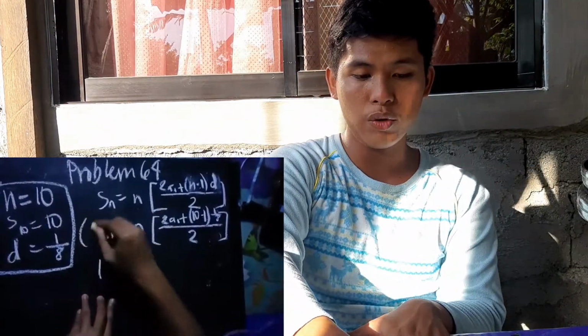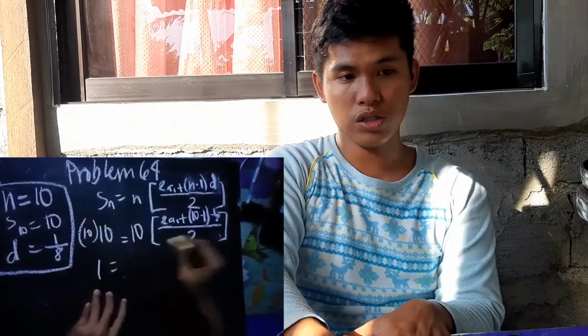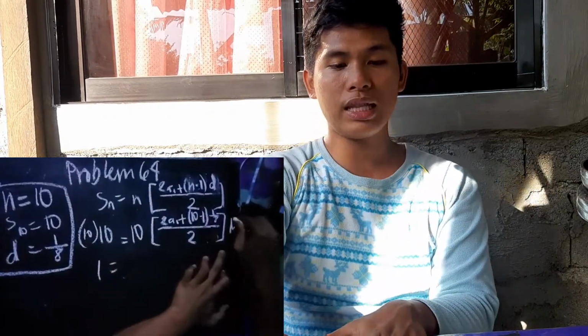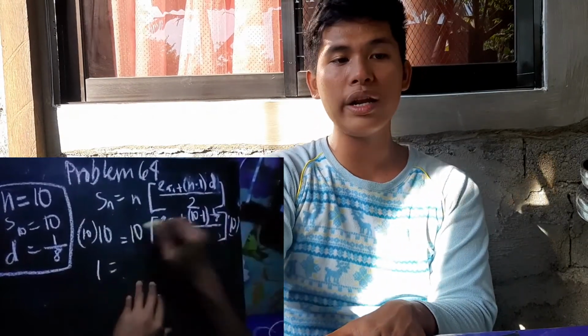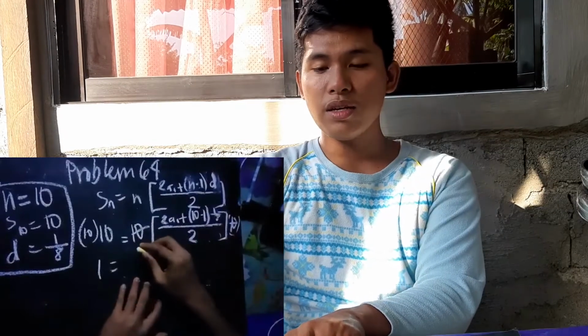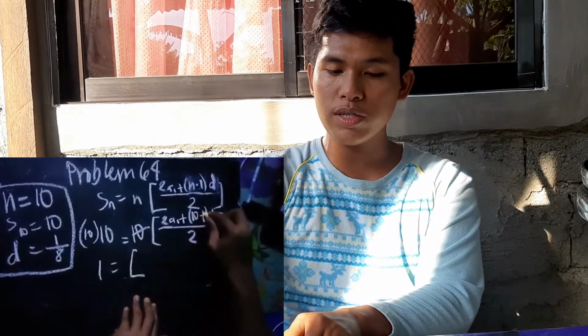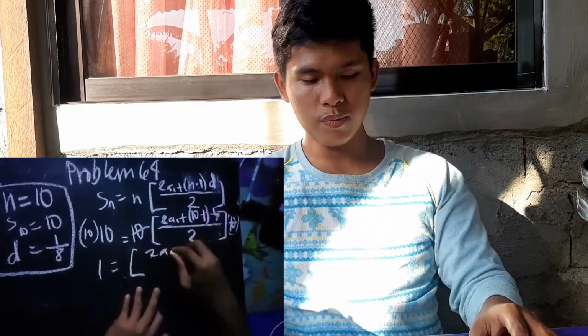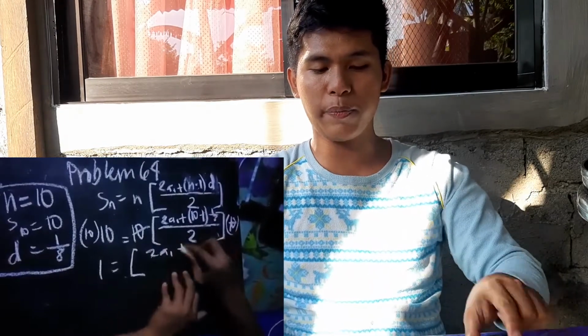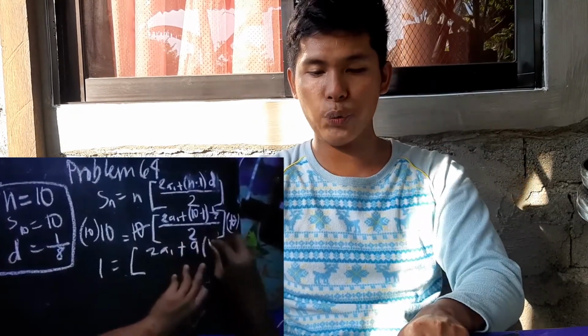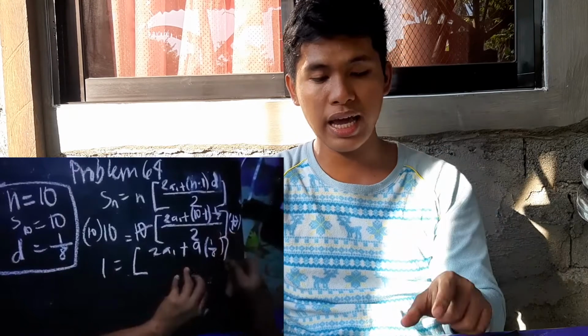So this will be 1 is equal to... So 10 divided by 10 is equal to 1 again. And then subtract: 10 minus 1 is equal to 9, over 2. So this is what the process looks like after we substitute, subtract and divide.